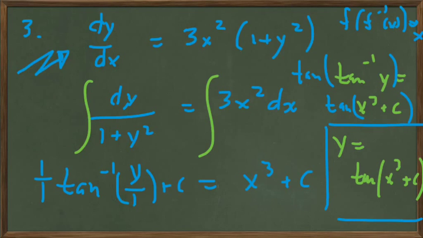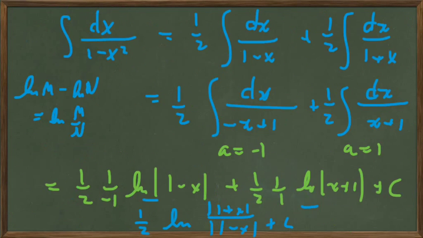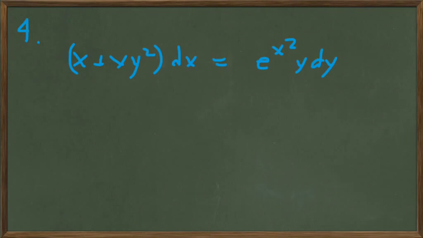So one final problem that we'll look at. Here we want to get all of the occurrences of the variable x on one side and of y on the other side. It's not so obvious how to do that. First, let's multiply this out.